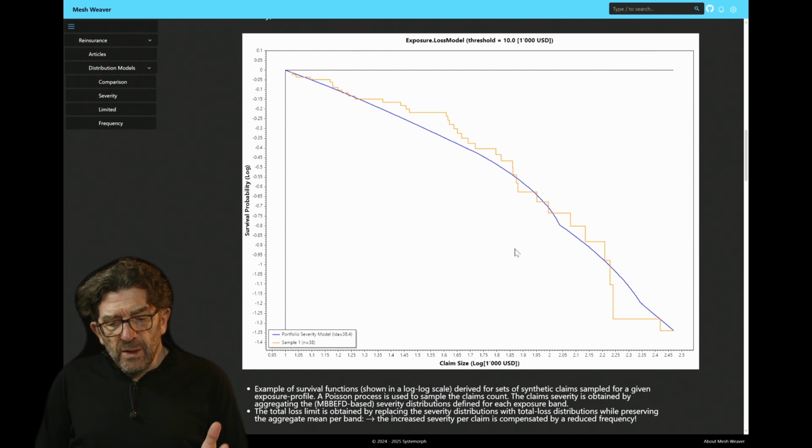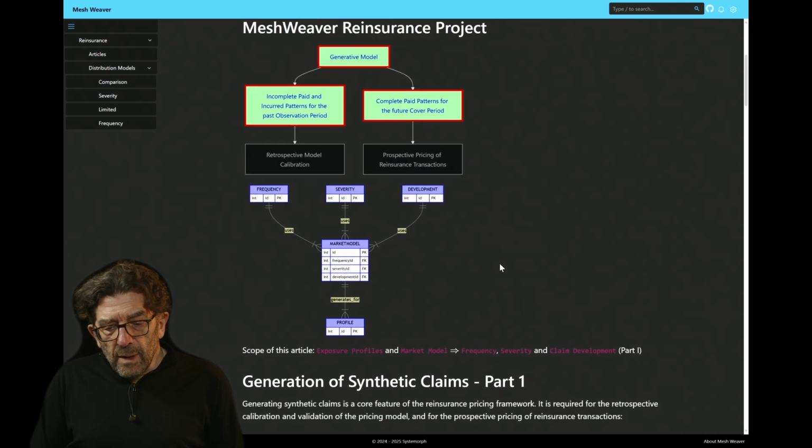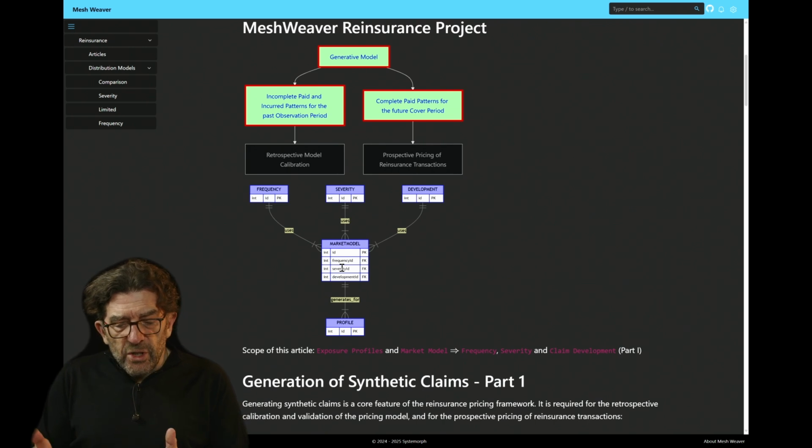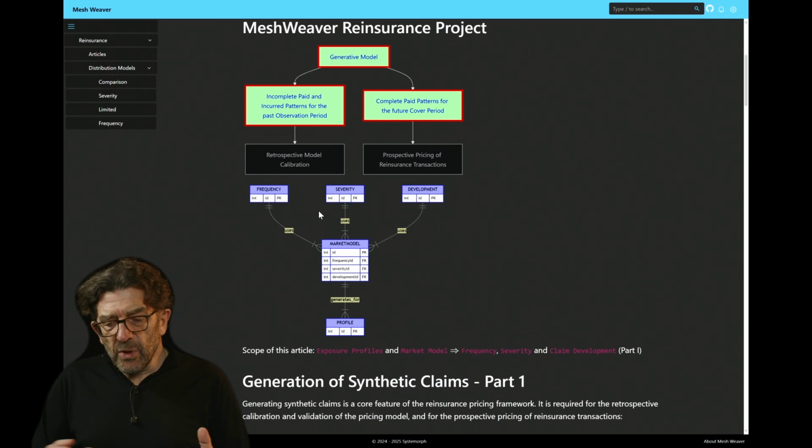So for lower bands, I use a low parameter, so around 1, and the higher up you go, you have a parameter which maybe goes up to 6, 7 or so. And if you go back here to the market model, this is specified in here. So I'm telling the market model which curve to use depending on the size of the risk. And then this parameter goes into the severity model. This is more or less how it works.